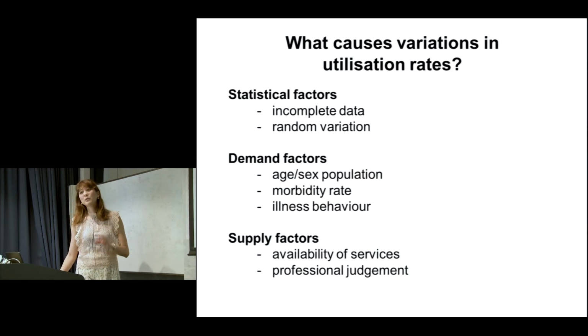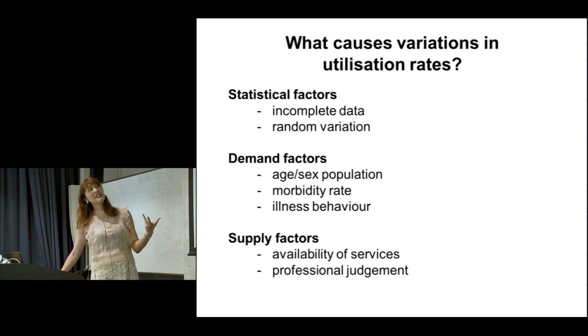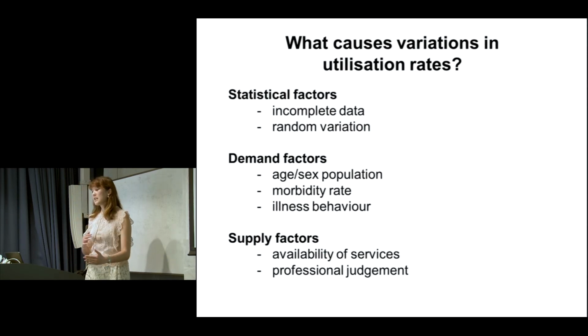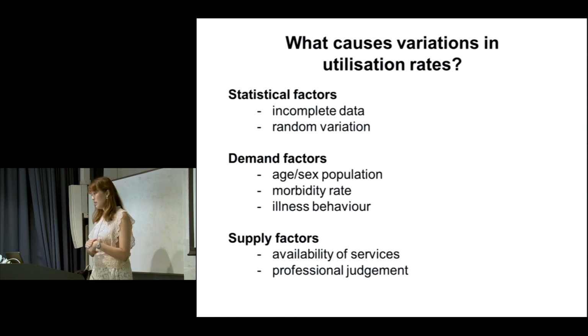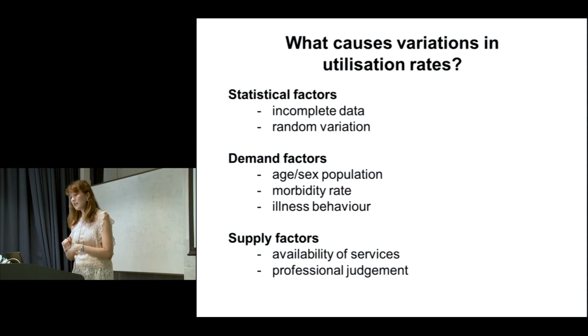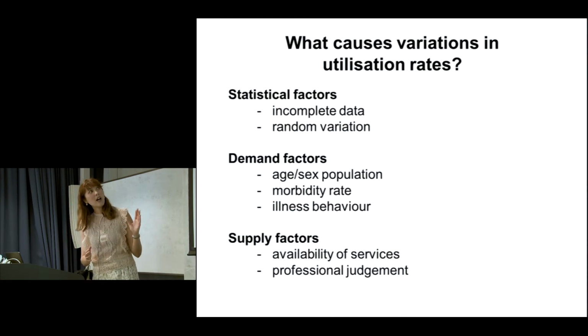Okay, so when we're presented with data like that on utilization rates, what can we do? Actually, before we even get into that, it's important to consider a few things. Statistical factors are important to think about when you look at data.